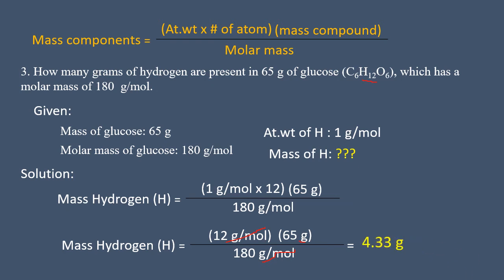And we will get 4.33 grams of hydrogen, meaning to say there is 4.33 grams of hydrogen for every 65 grams of glucose. I hope that is very clear to you.